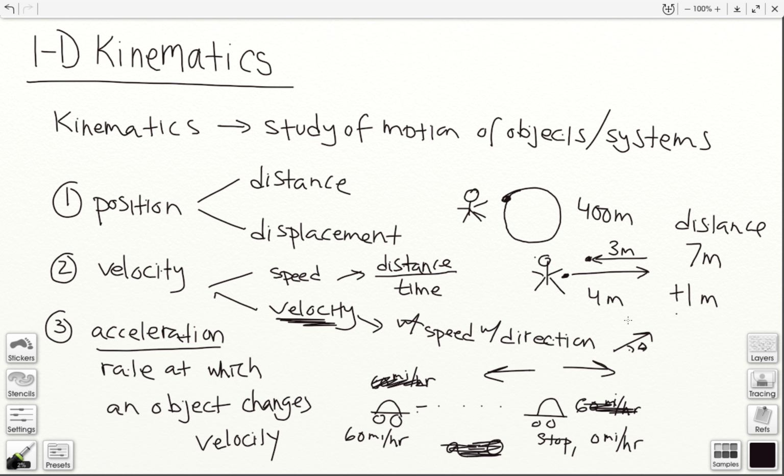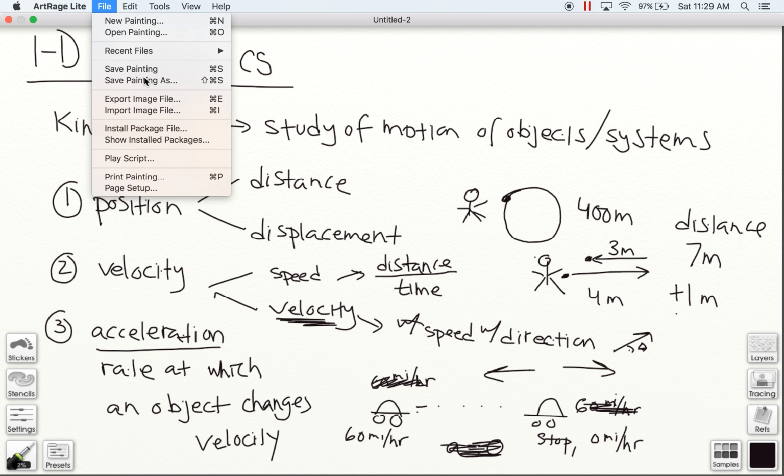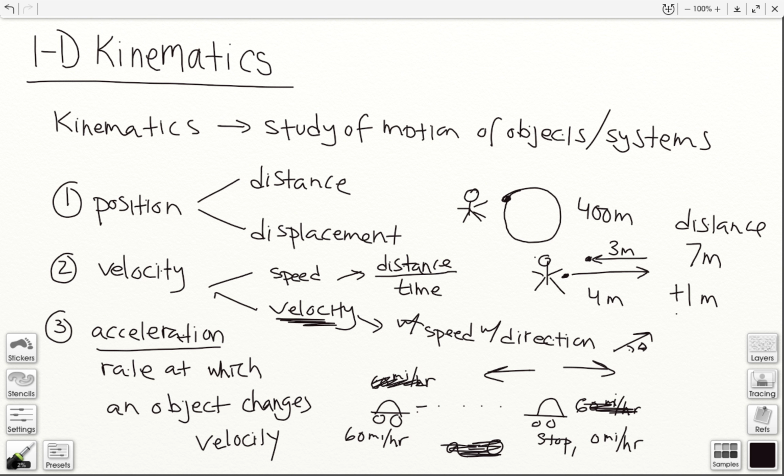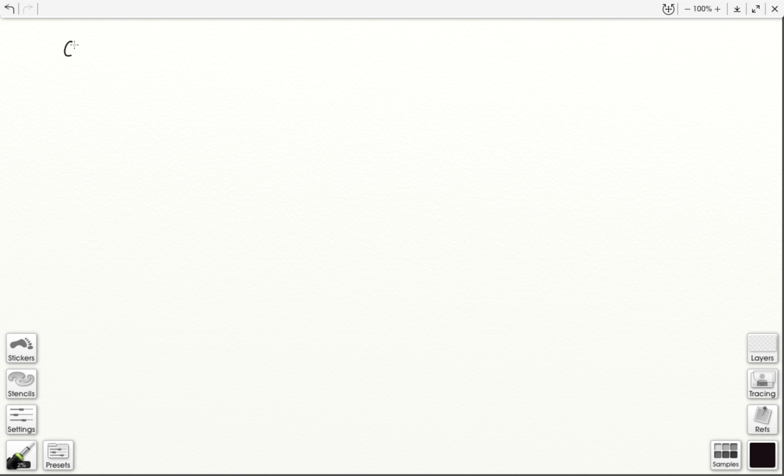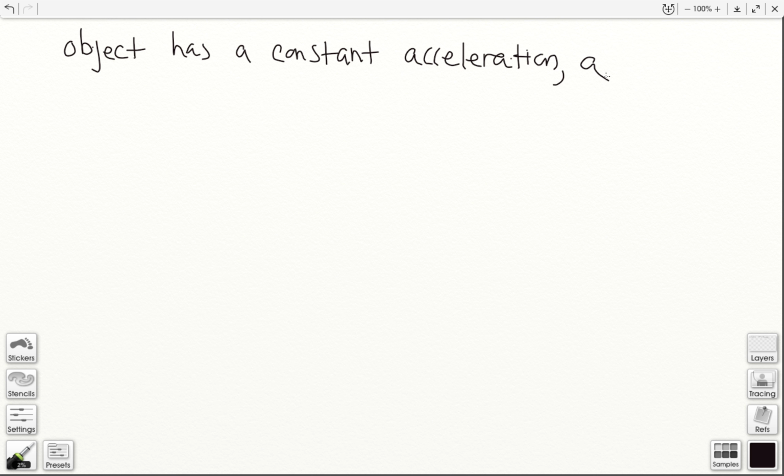When an object has a constant acceleration, there are a set of equations we use to describe the motion. It involves 5 different variables. So one second, I'm going to clear all of this. Okay, so again, when an object has a constant acceleration, a, there's a set of 4 equations you can use to figure out certain parts of its motion.